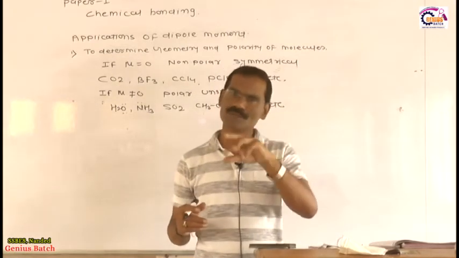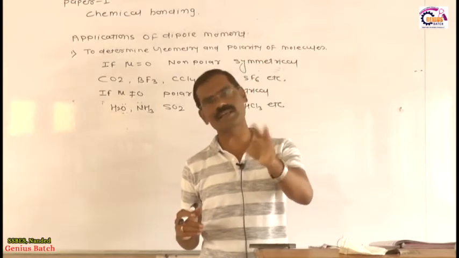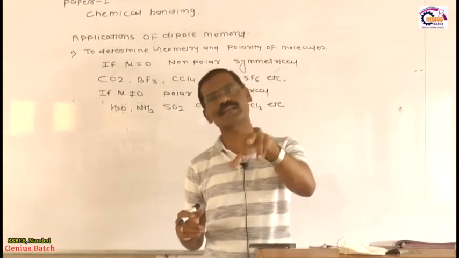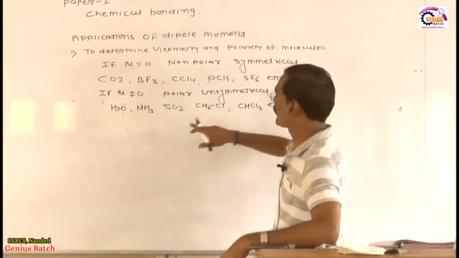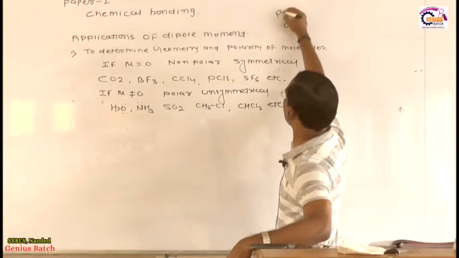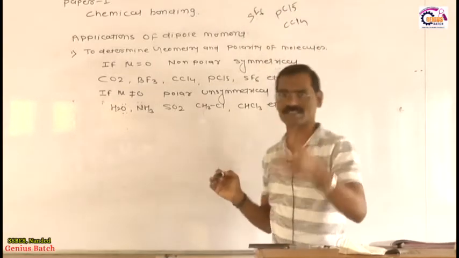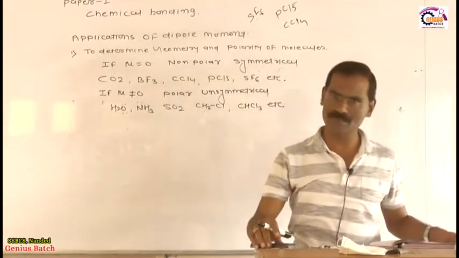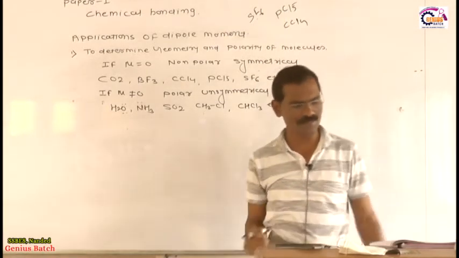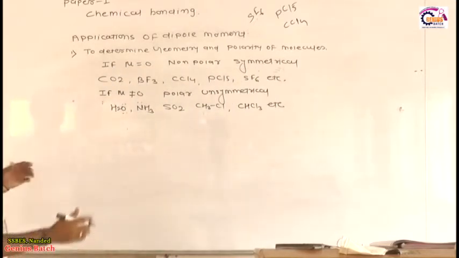In previous videos I said that for molecules which have a regular geometry and normal bond angle, the dipole moment is 0. But they must have the same bond, like CCl4 all chlorine, PCl5 all chlorine, SF6 all fluorine, etc. Keep this in your mind. So this is the first application, to determine the geometry of a molecule.